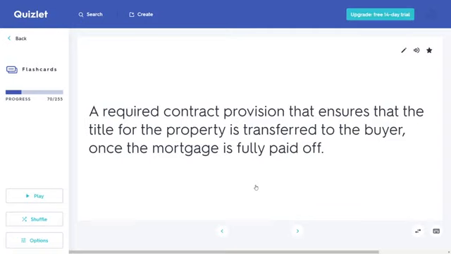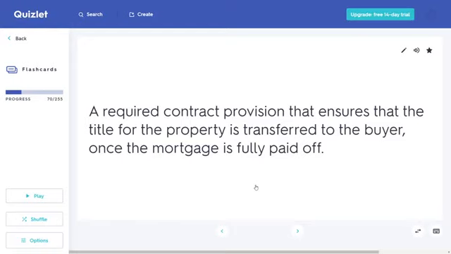Could you imagine how frustrating that might be? So again, it's super important to have this in the contract, and as this states, it's typically required. I believe it's pretty much required in almost every state.